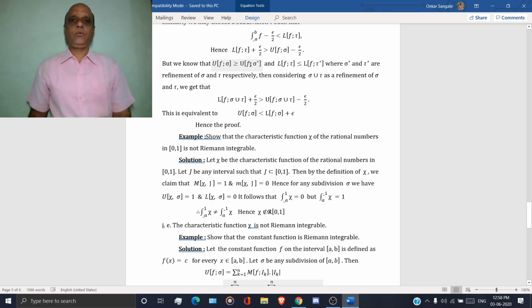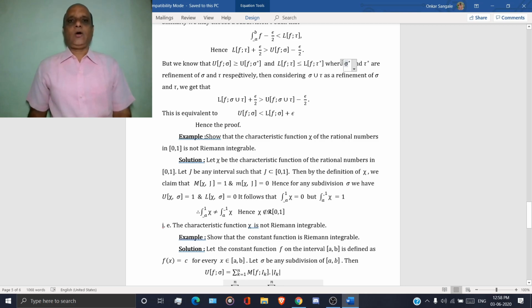This we have already proved in the above theorem. Similarly, the lower sum for f corresponding to tau is less than or equal to the lower sum for f corresponding to its refinement. Here sigma star and tau star are refinements of sigma and tau.